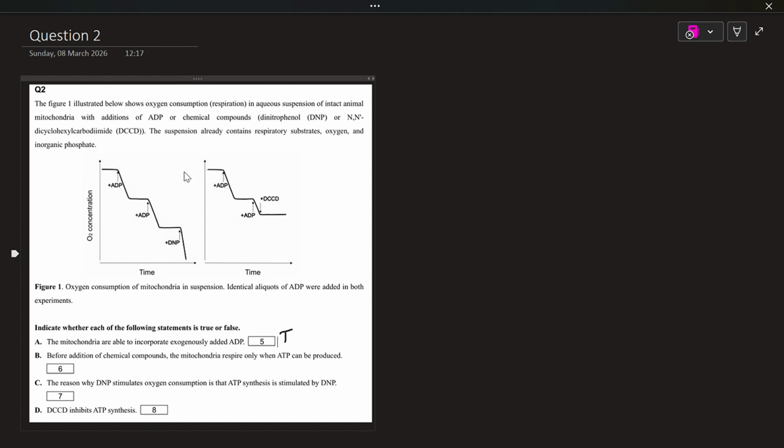We can look here. This indicates that respiration is coupled to ATP synthesis. Significant respiration does not occur unless the mitochondria have the substrate needed to make ATP. So statement B is true.